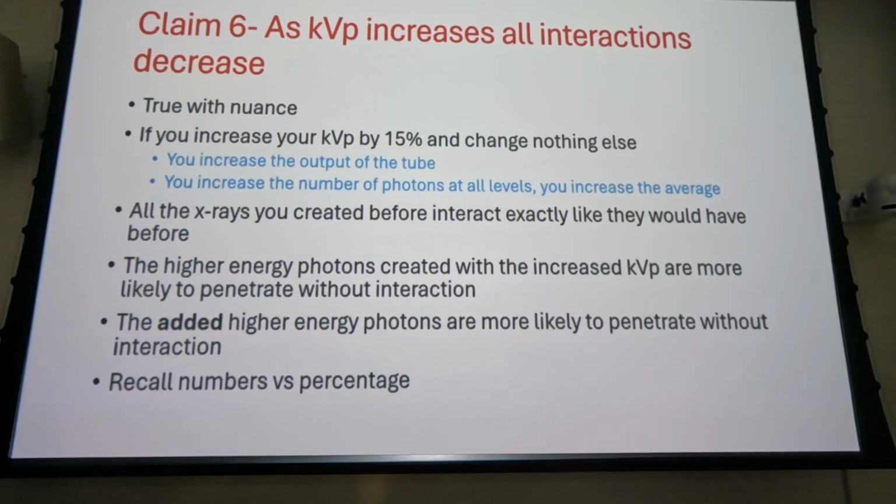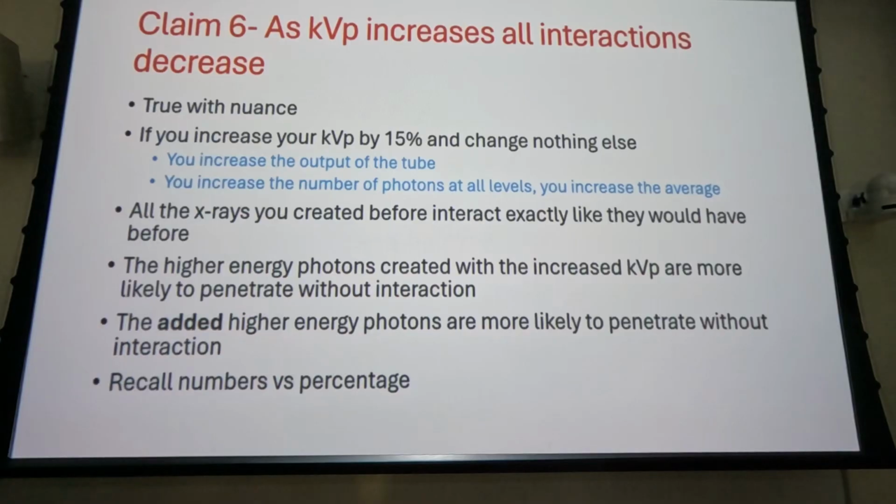Does that make sense? All of the X-rays you create before the interaction are still there. You still create those same ones, but what you get more of are the high energy and also the higher average. So the added higher energy is more likely to penetrate.